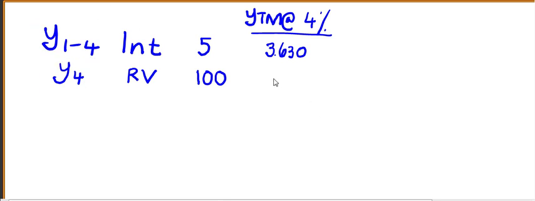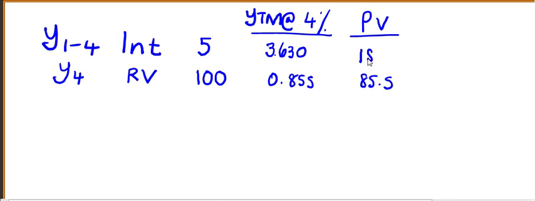This is the discount factor, which is going to be 0.855. Multiplying it, you're going to get a present value of 85.5 over here, and this gives us an answer of 18.15.